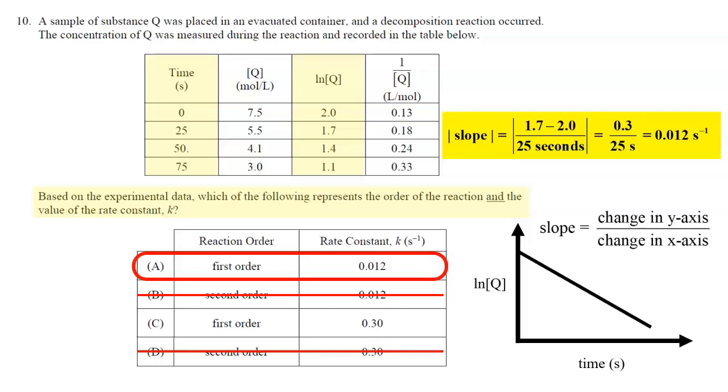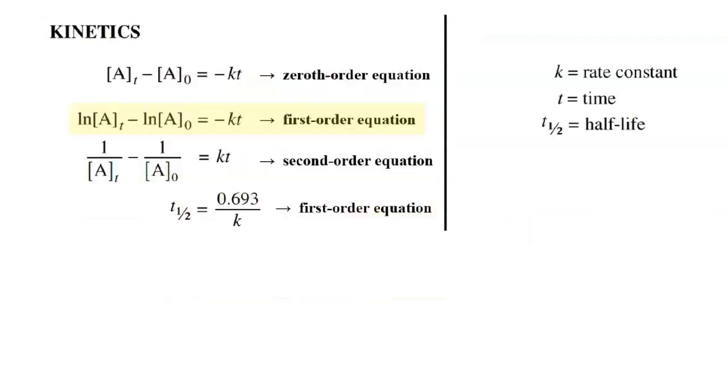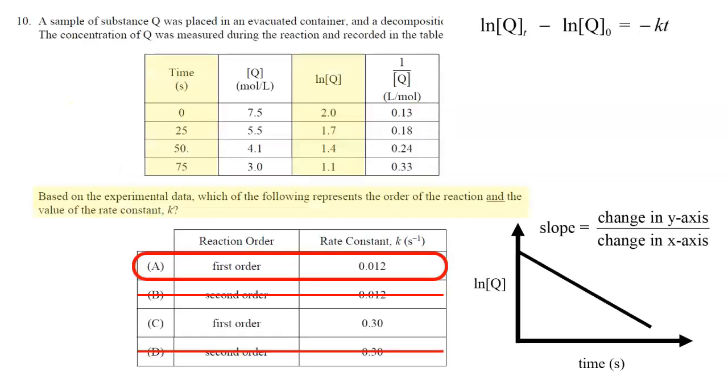Another way to figure out the rate constant is to use the natural log equation from the kinetics section of the AP Chemistry equation sheet. If I take natural log of Q at some time t minus the natural log of the initial concentration of Q, the difference over that 25-second interval would be 1.7 minus 2.0.